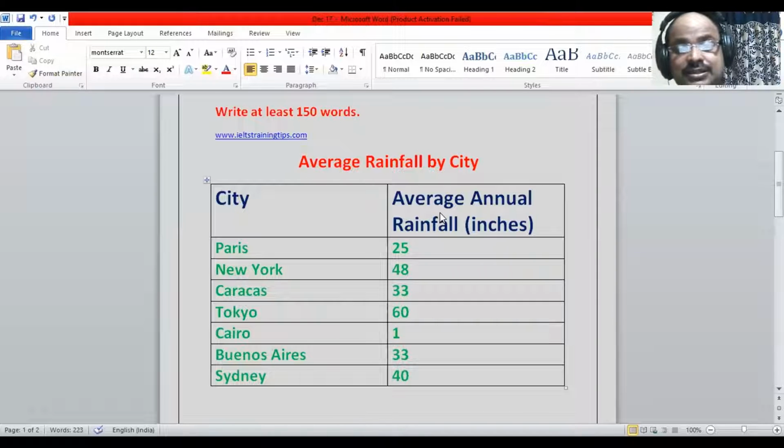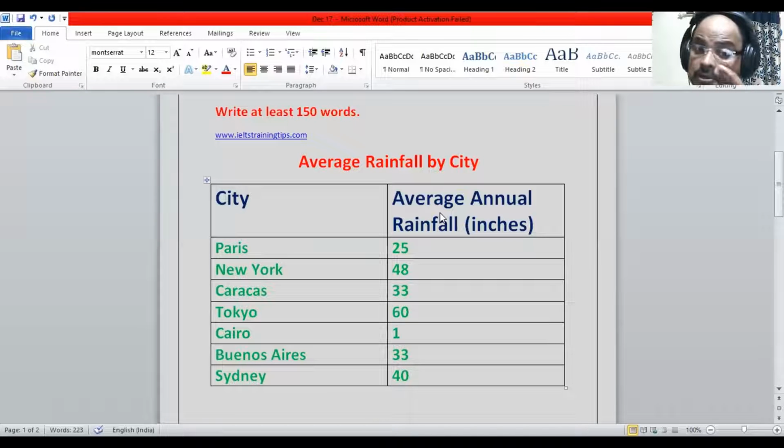If you see the values, the quantity of the rainfall, how we have to group it and what can we see overall. So if you see the overall picture, I cannot say this is the highest and this is the lowest because I am going to write which is the highest and which is the lowest in the body paragraph. So I need to see the overall picture. This is not a complex table. This is a very simple table.